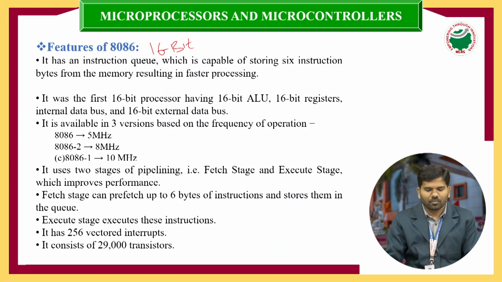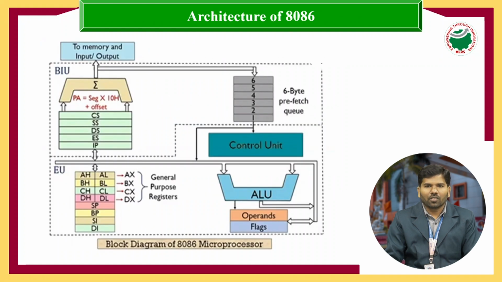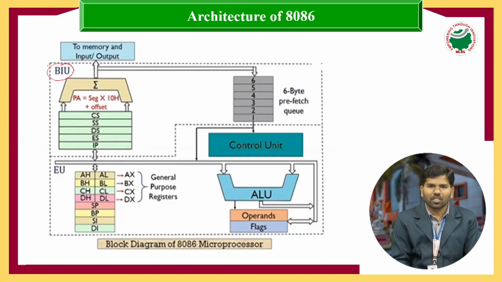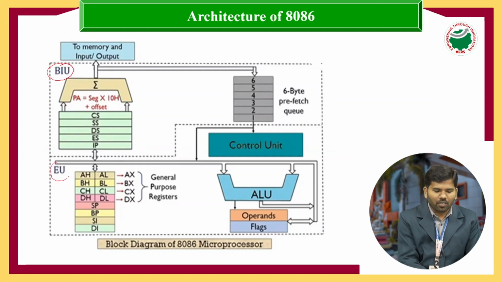So this is the architecture of 8086. The architecture of 8086 is divided into two parts. One is the bus interface unit, BIU, and the second one is the execution unit. First we will go through the bus interface unit.